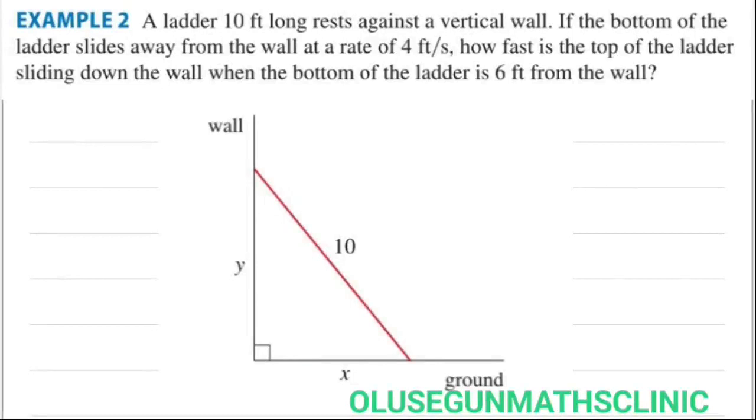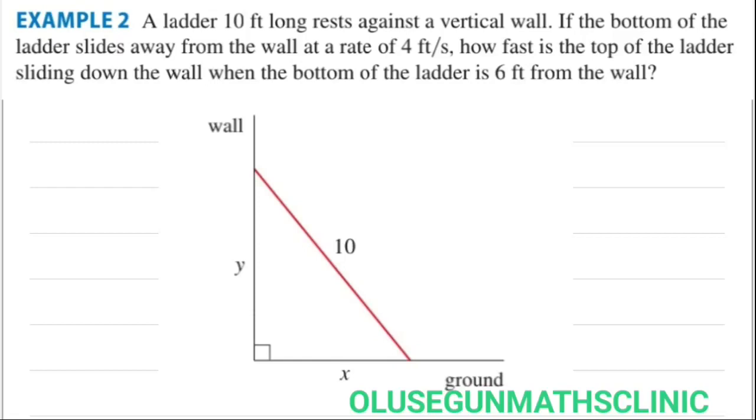Example 2. A ladder 10 feet long rests against a vertical wall. If the bottom of the ladder slides away from the wall at a rate of 4 feet per second, how fast is the top of the ladder sliding down the wall when the bottom of the ladder is 6 feet from the wall?